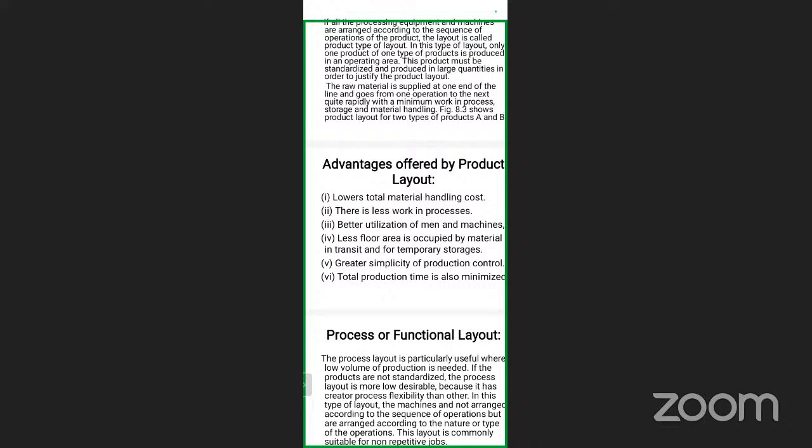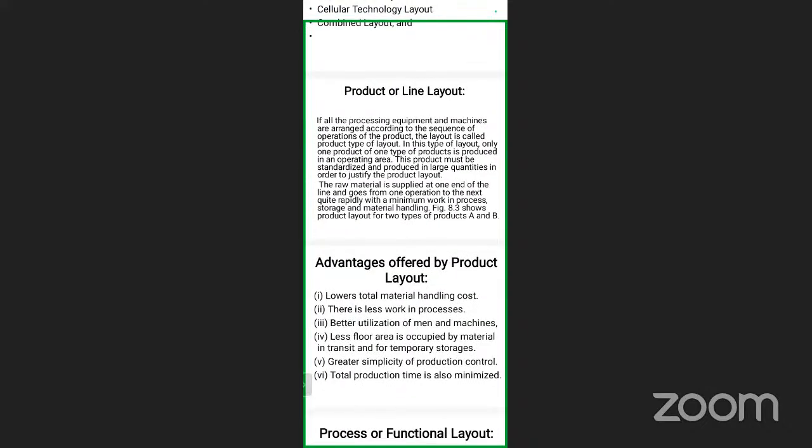Yes, it is very simple to handle production control, and total production time is very minimum. Why would it take much more time for producing a product? Because your equipment, your machines, your laborers, your manpower are arranged properly.